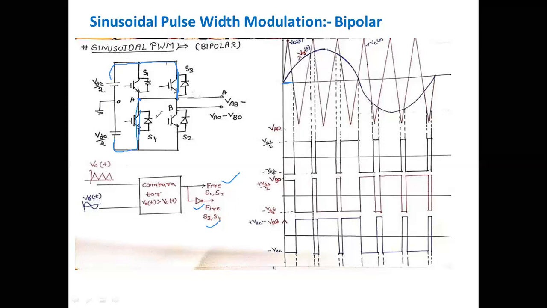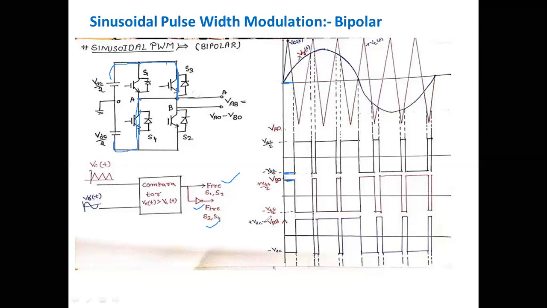Okay. So what we can say here is that VAO, the voltage between A and O, is minus VDC by 2, and the voltage between B and O is plus VDC by 2. So here you can see that I drew VAO as minus VDC by 2 and VBO as plus VDC by 2. Okay.